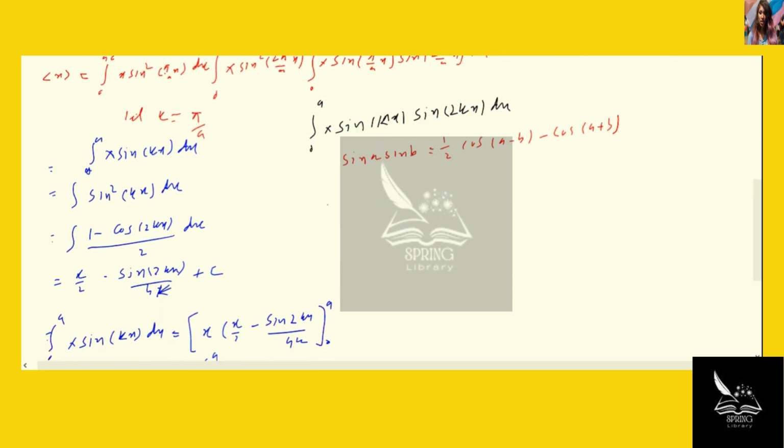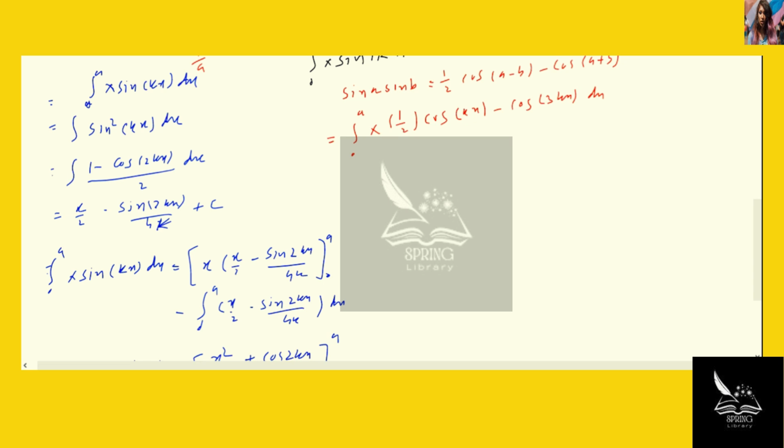So this becomes 0 to a of x into 1 out of 2 (cos kx minus cos 3kx) dx.